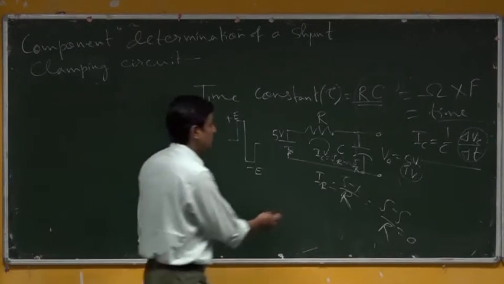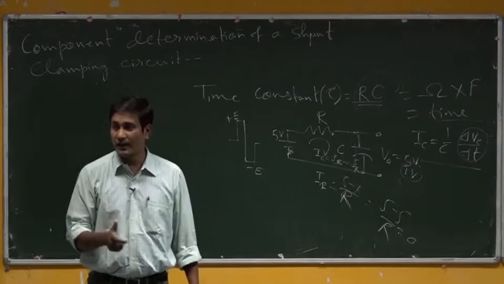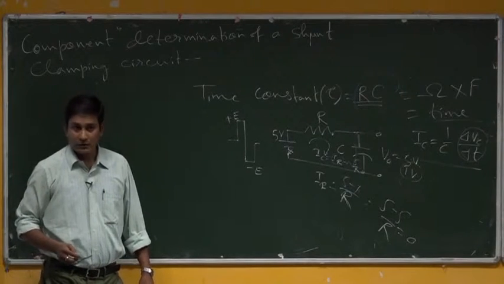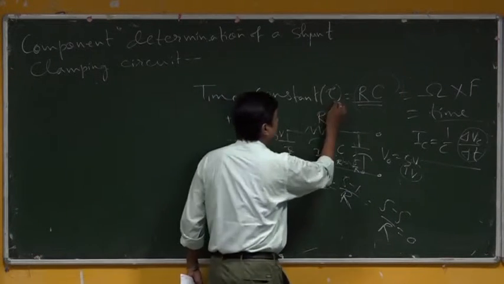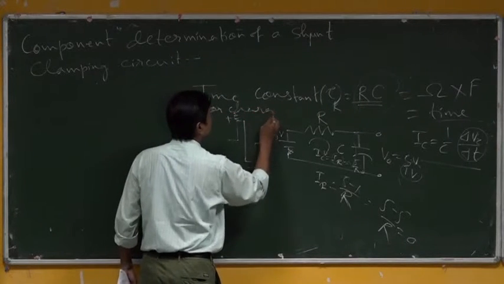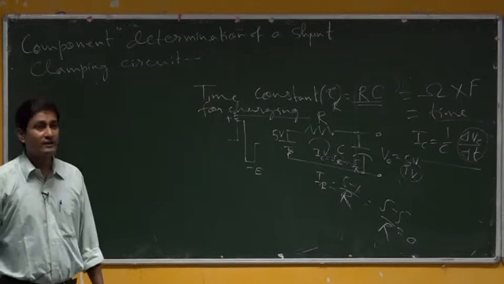So, for this time it needs to get ready with the response which is applied through it. Now, this time constant I will be calling the time constant for charging, the way we were saying in the last class, time constant for discharging.